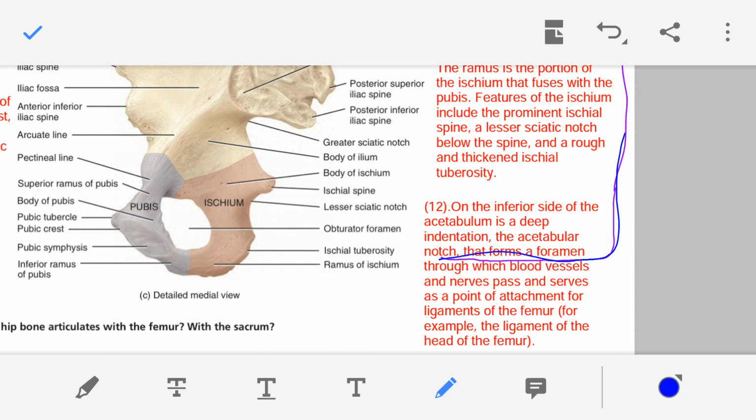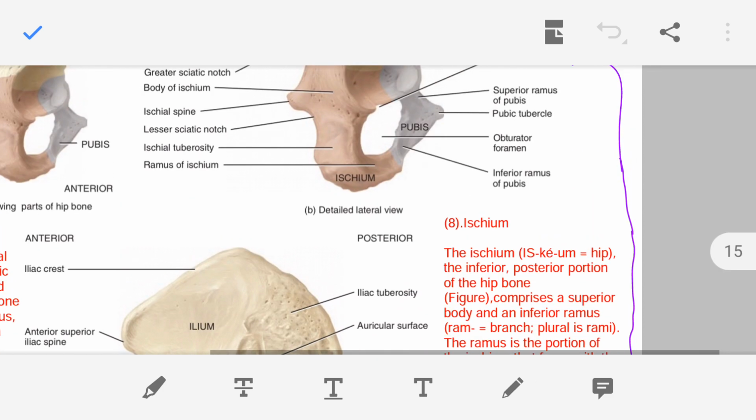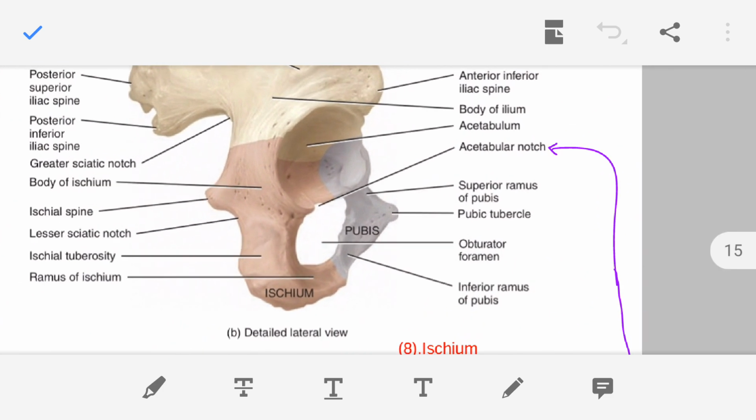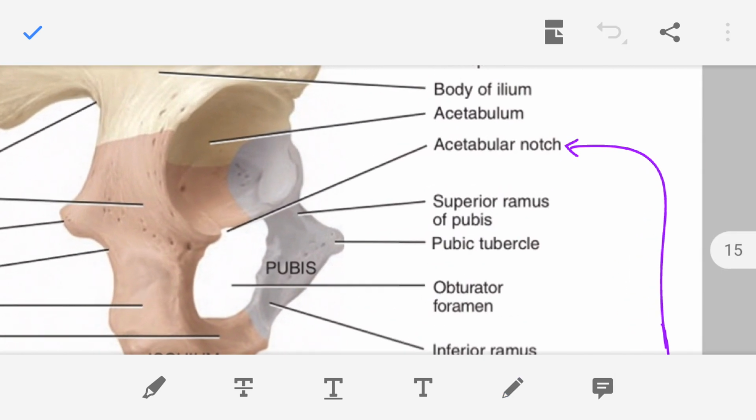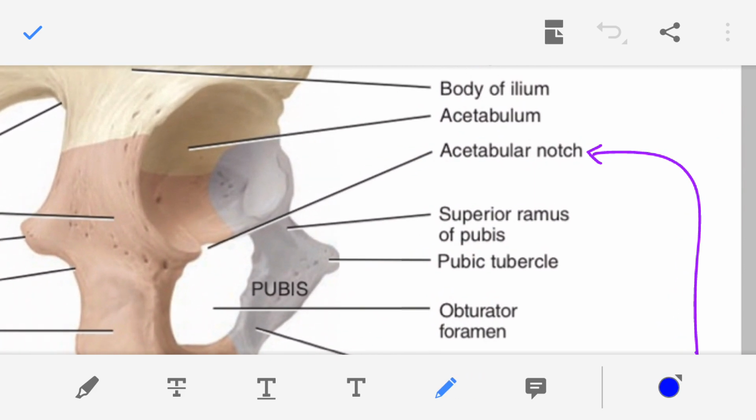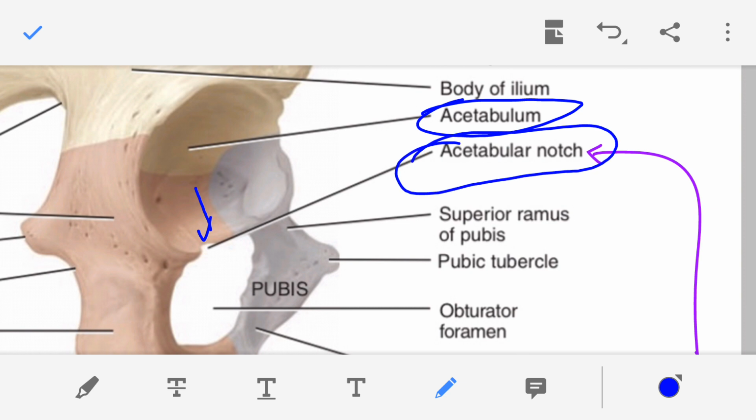You follow this purple color arrow and see. This one is the acetabulum, and inferior to acetabulum, what is present? This one, the acetabular notch is present.